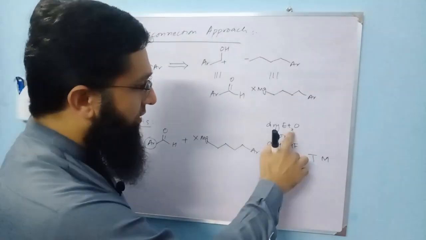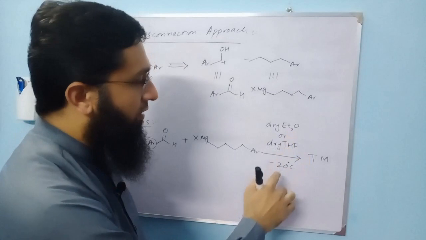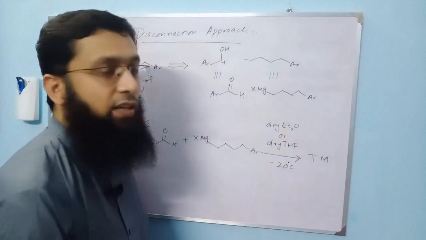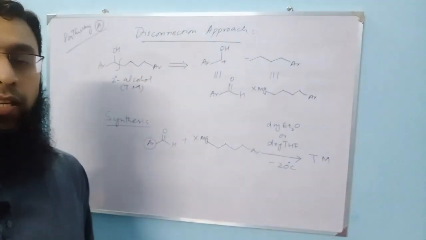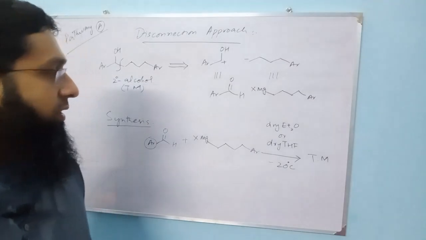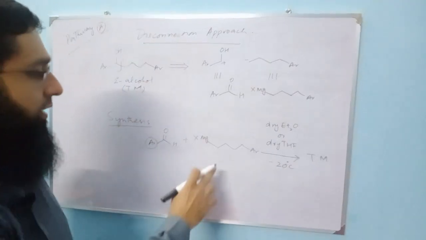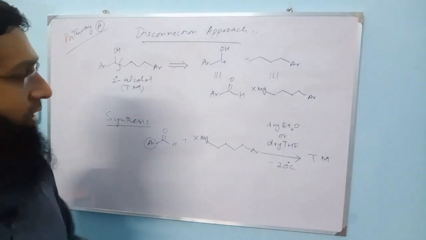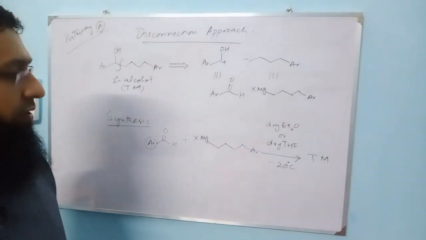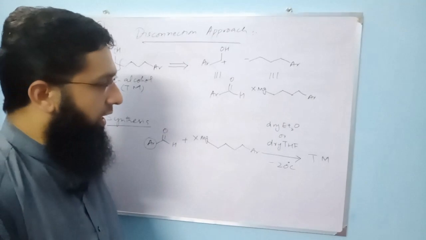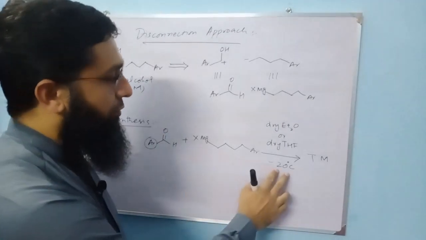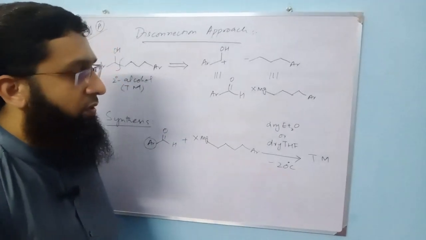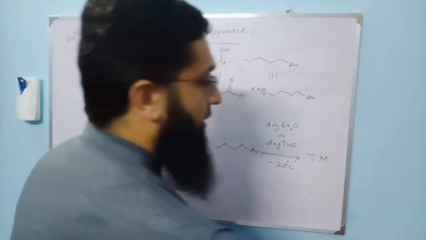Also, it is a property of ethers, THF and diethyl ether, that they can absorb moisture, and this moisture can quench the Grignard reagent. Therefore we have to dry them with a suitable chemical, and because it is highly reactive, we have to use a lower temperature. So this is the first pathway, the first possibility.